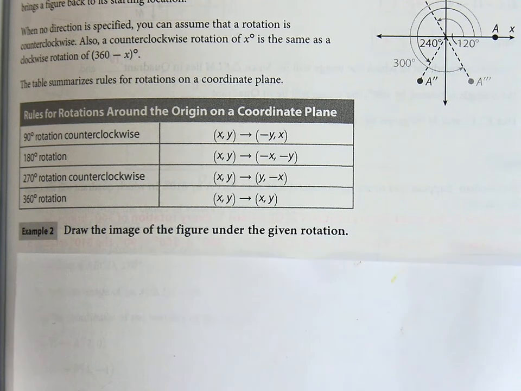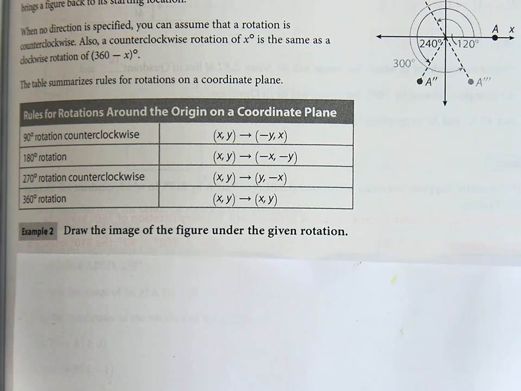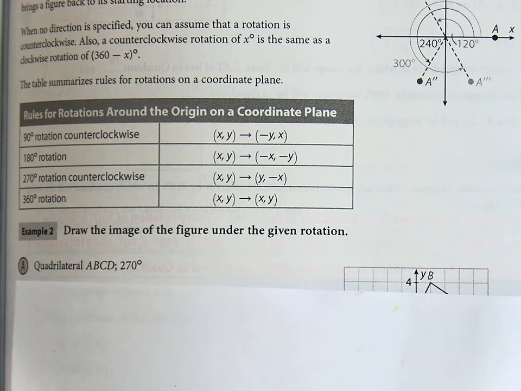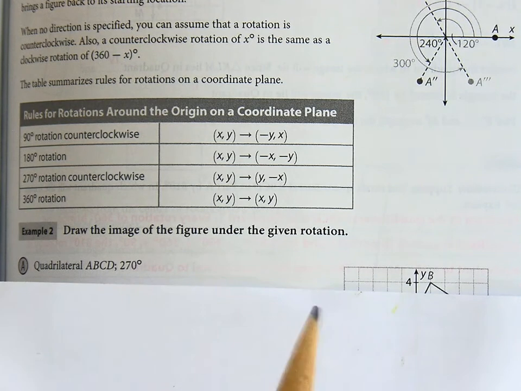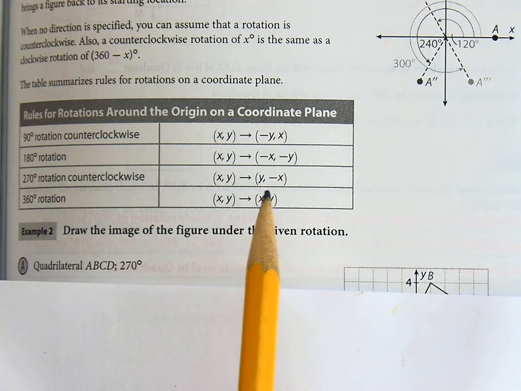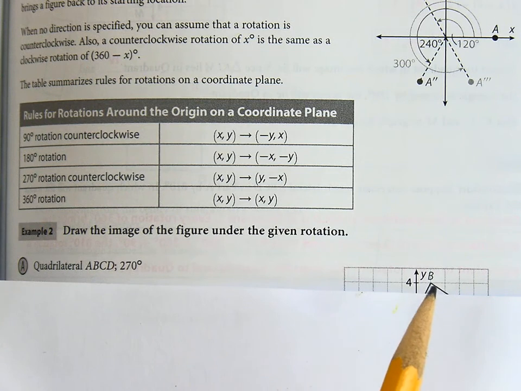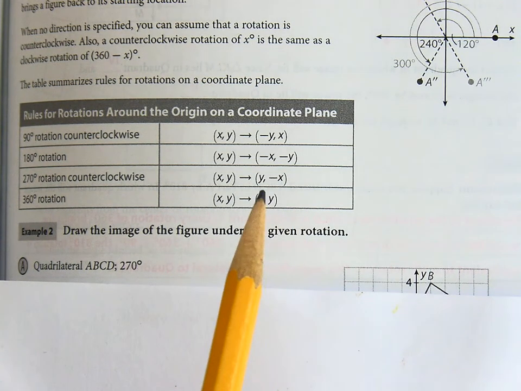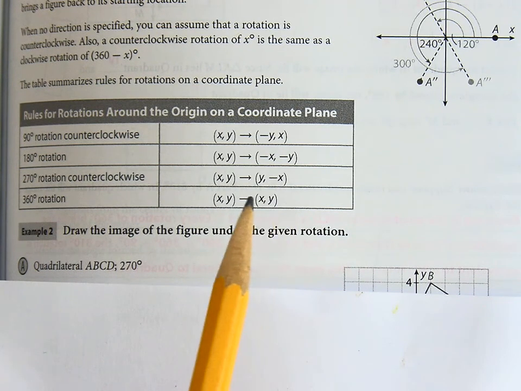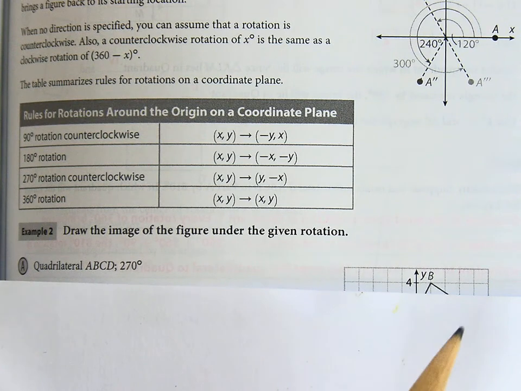So example 2, draw the image of the figure under the given rotation. So we want 270 degrees. So if you look up here, you can already get an idea of what you're going to do to each of the coordinate points of the shape in order to find the coordinates of your new shape, or basically your pre-image and your image, and be able to plot them.